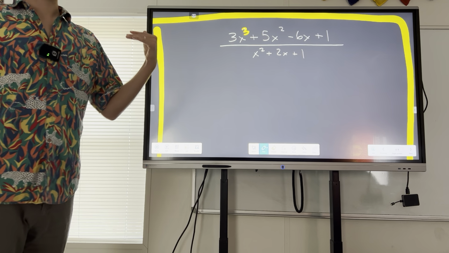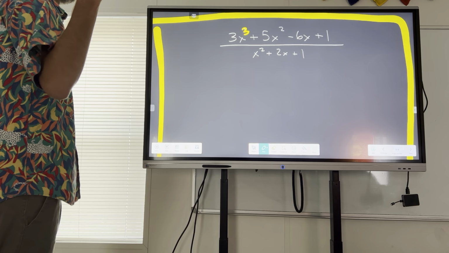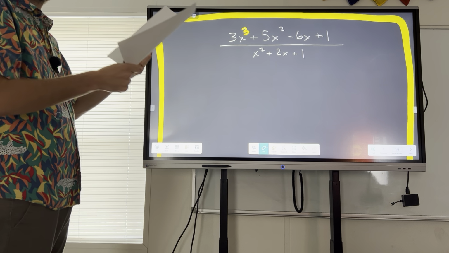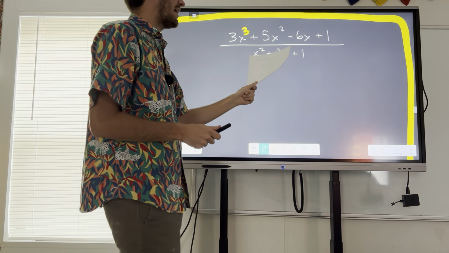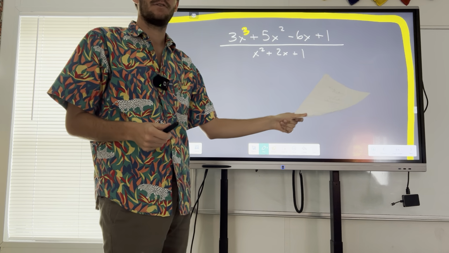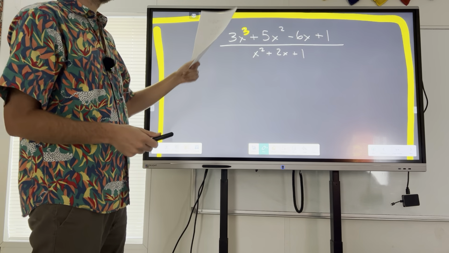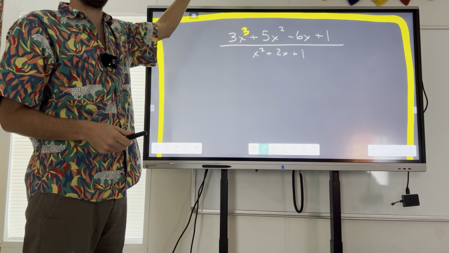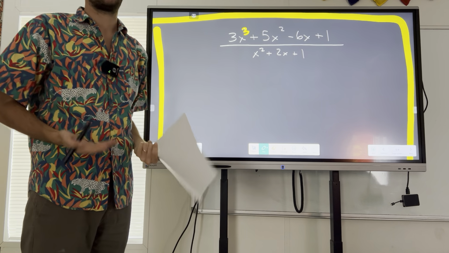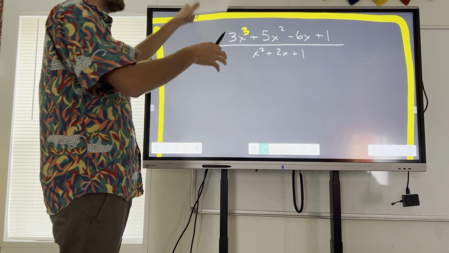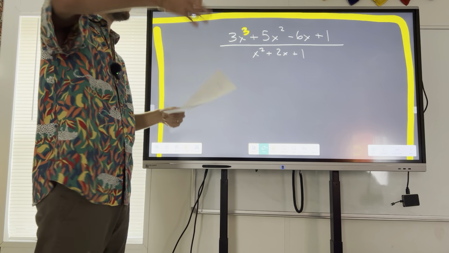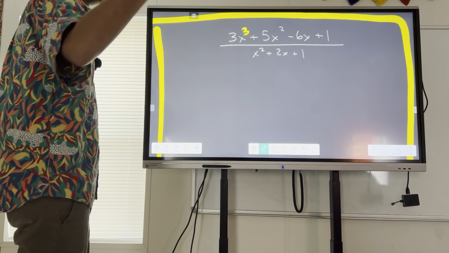So when I look at this, I think, okay, nice. The top is bigger. It is going to have an oblique asymptote. I see the bottom, and I think, actually, I can factor that. But do you know how to factor the top? No. So it's not even worth factoring the bottom unless we're looking for the vertical asymptotes. For right now, I'm not looking for holes. I just need to do division.